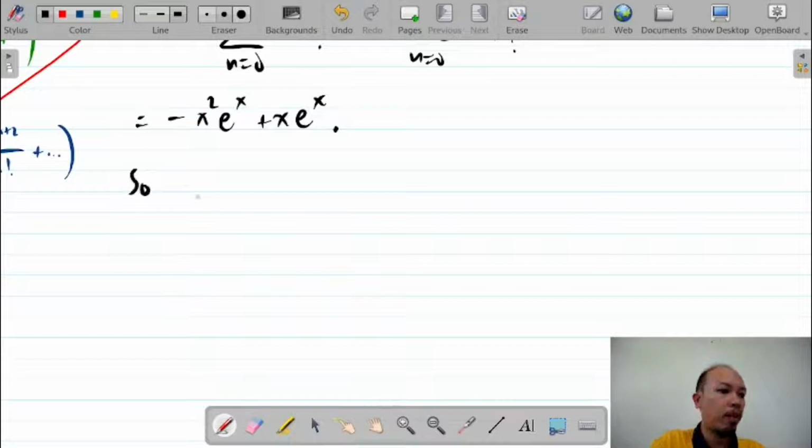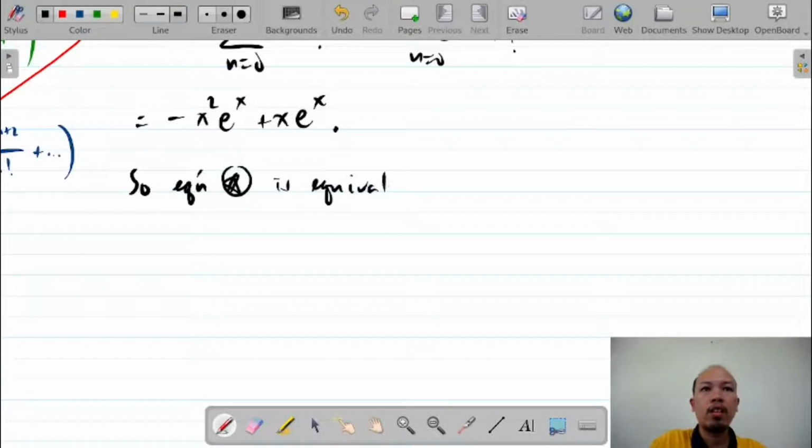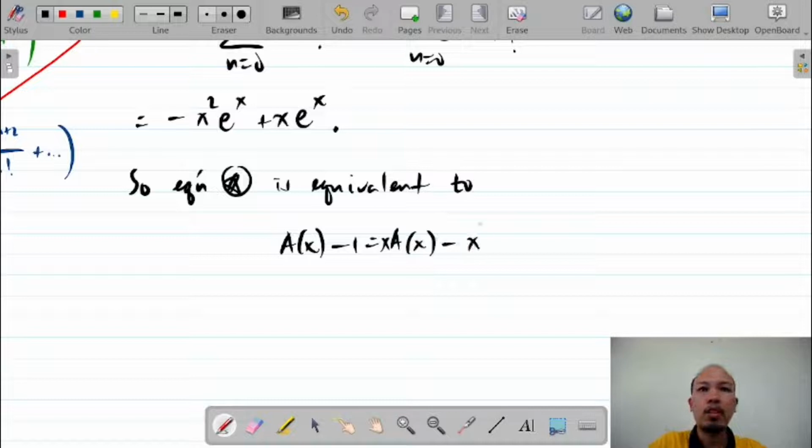So equation star is equivalent to a of x minus 1 is equal to x a of x minus x squared e to the x plus x e to the x.